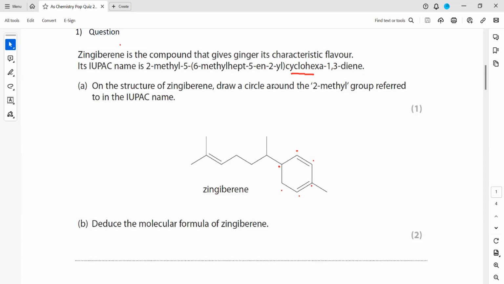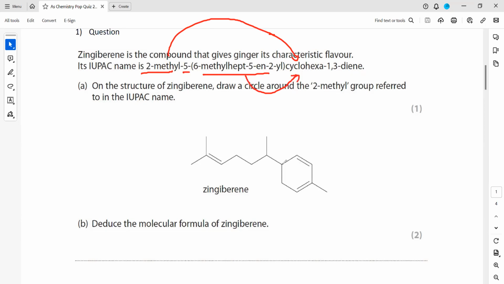And because this is the main structure, cyclohexa-1,3-diene, what are the groups attached? We have, at the second position, a methyl attached to this, and at the fifth position, we have this whole group attached.